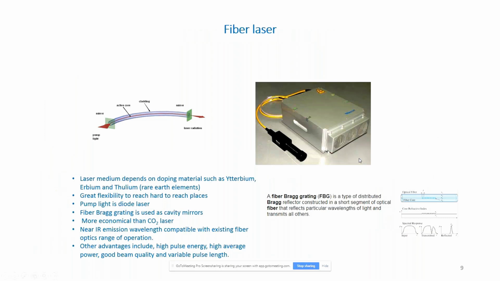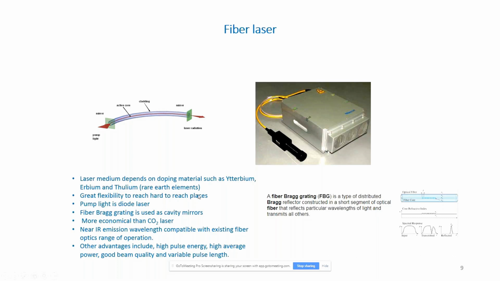You also have the fiber lasers, another type of laser which is becoming very, very popular. And actually, Allied Scientific's laser is based on the fiber laser. And in this case, the medium of lasing is a doped fiber. So it's doped with ytterbium, erbium, thulium.